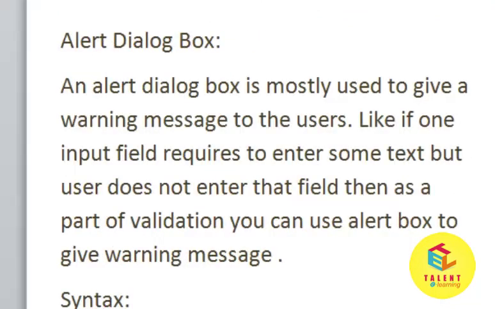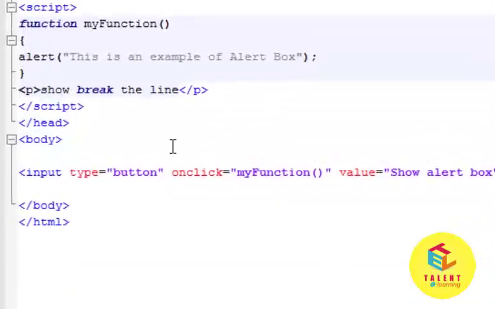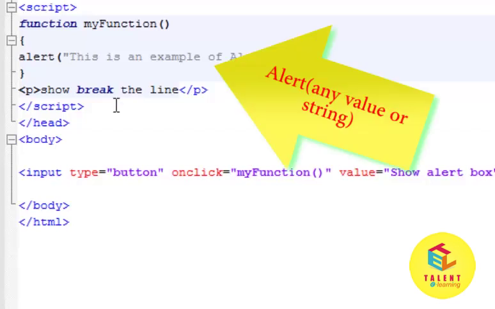Let's see the example. Actually, we have already seen this kind of examples in our previous tutorials to give alert messages. So here this is the example for alert box. Here this function contains alert, and alert box contains the strings.